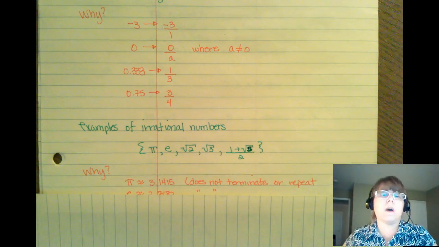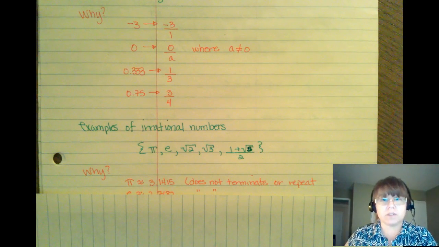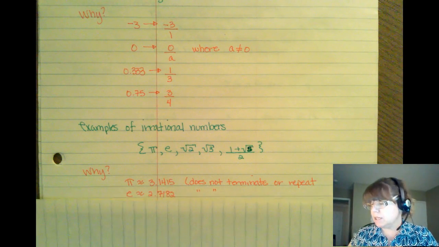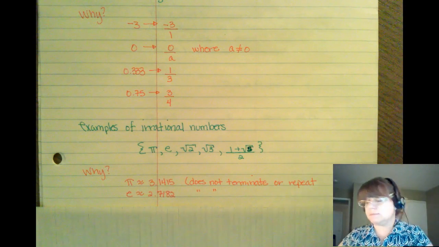So why aren't they rational numbers? Well, pi is approximately 3.1415. Okay, it does not terminate and it does not repeat. We just kind of cut it off at 3.14. E, similarly, 2.7182. Again, does not terminate, does not repeat.